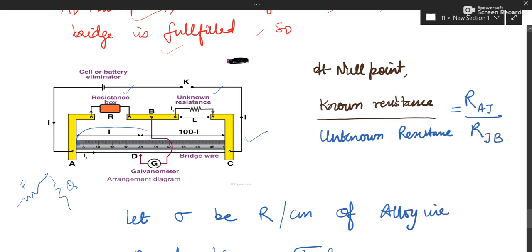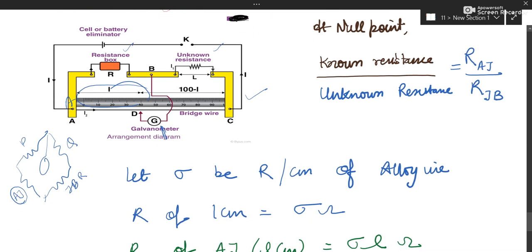And AJ, from A to J, is the resistance of the AJ portion, and this is the remaining resistance, the JB portion. The middle arm has zero current because the galvanometer is showing zero deflection. So the condition of a balanced Wheatstone bridge is fulfilled.